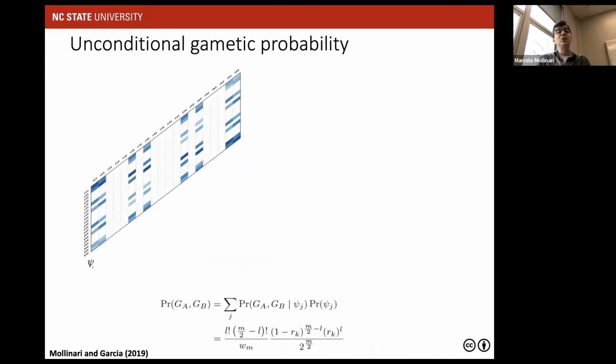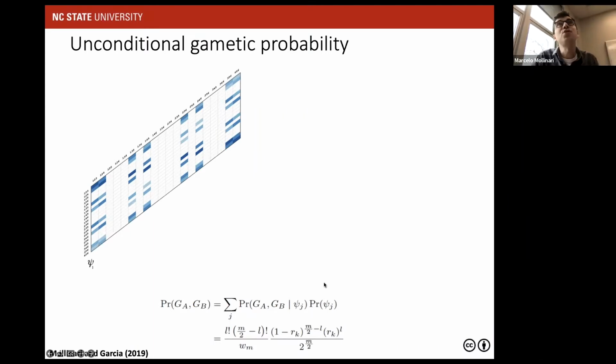But of course, this is for one possible configuration. And instead of just using one possible configuration, since I know all the possible configurations for any ploidy level, what I can do is sum over all possible configurations, given the probability of each one of these configurations.